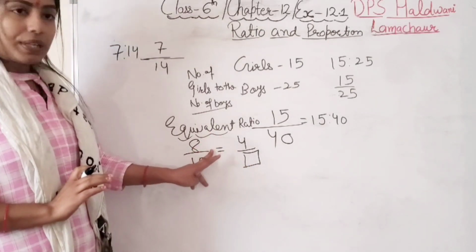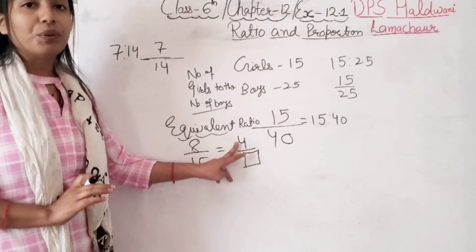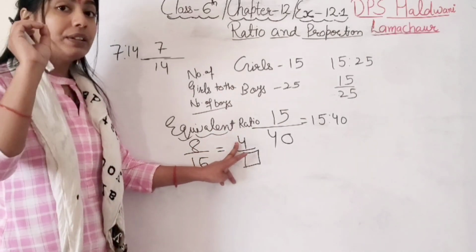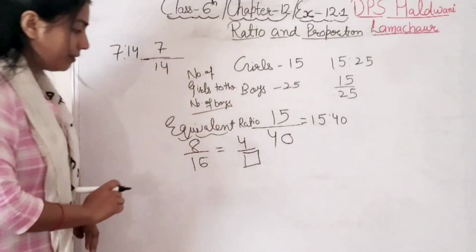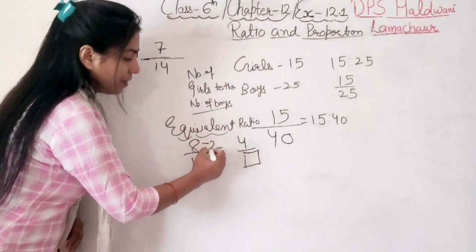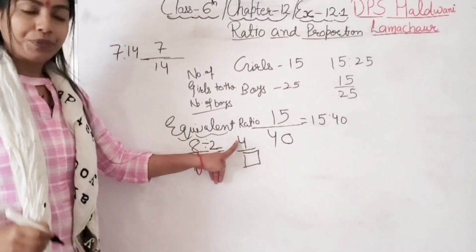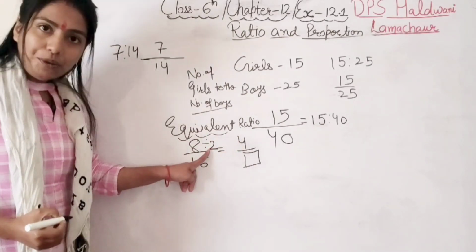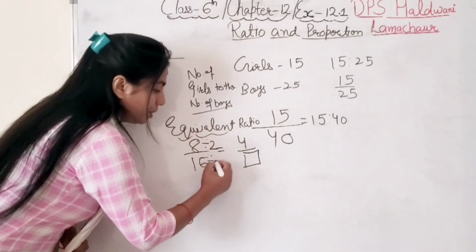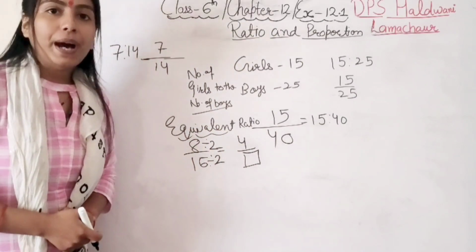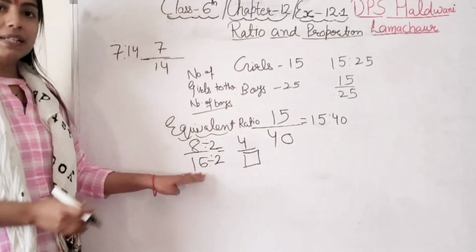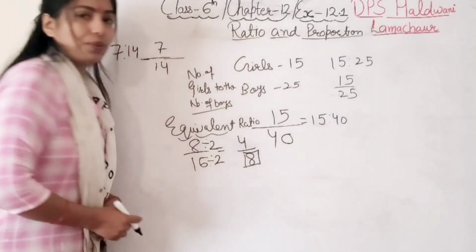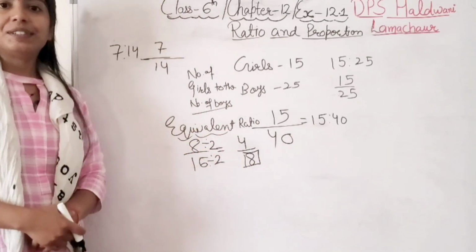See, 8 multiplied by what will give 4? We can't multiply, we will divide. What will we divide by? 2. When we divide 8 by 2, we get 4. Obviously, you have divided the numerator by 2, so the denominator will also be divided by 2. So 16 divided by 2 is 8. So the answer is 4 by 8.